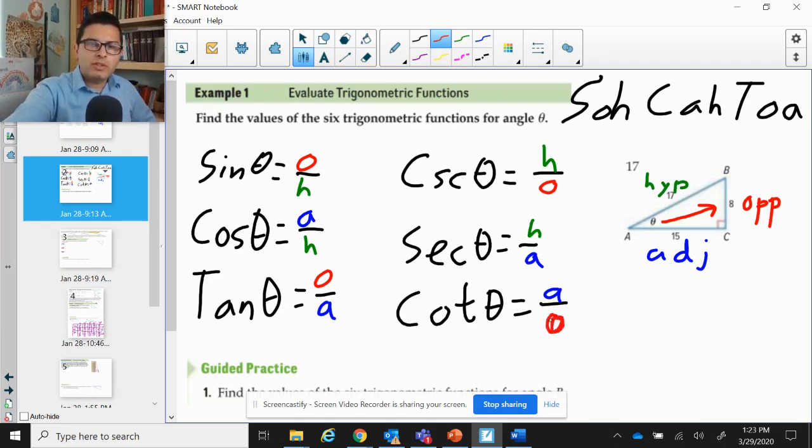Now we have everything that we can possibly need, and we're just going to fill things in. For instance, our sine of theta, opposite over hypotenuse, we labeled everything on our triangle. So let's just use our opposite, which is 8, divided by our hypotenuse, which is 17. So that's going to equal 8 over 17.